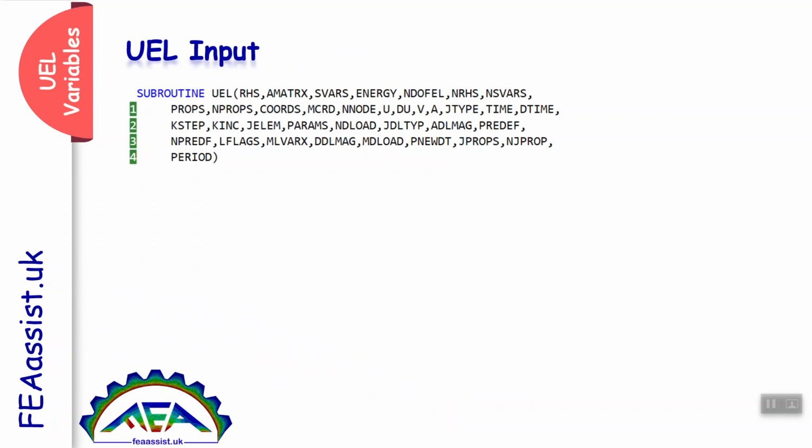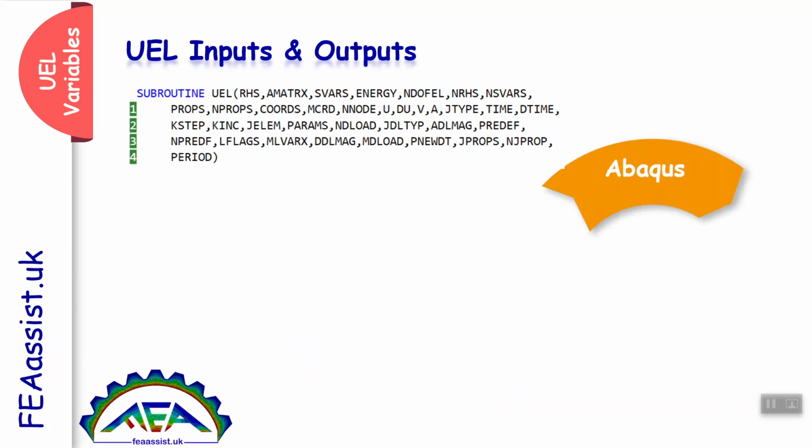UEL variables. UEL has some variables. Some of them are inputs. We need to get those inputs, process them, and export them as outputs to Abaqus. In other words, Abaqus computes some variables, which are the displacement of the points, the derivative of displacement of the points, the velocity of the points, coordinates and position of the points, and so on.